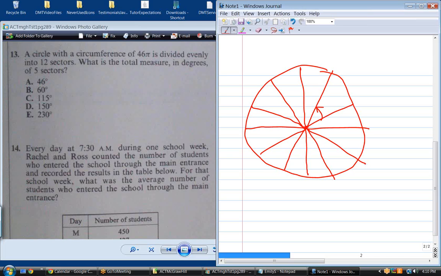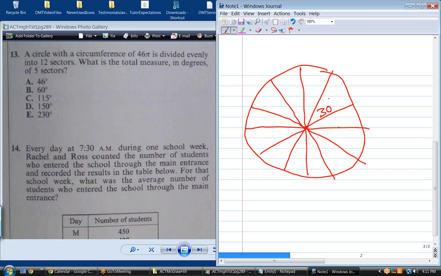What's the degree measurement if I go around the whole thing? In other words, if I start from here and go all the way around exactly one time, how many degrees? 12 parts is 360. Okay. So what is each part? Would it be 360 divided by 12?